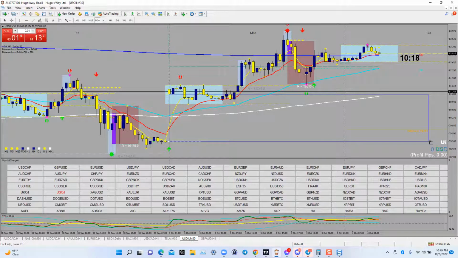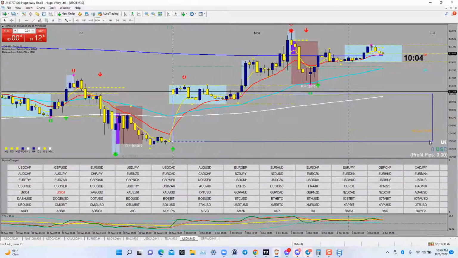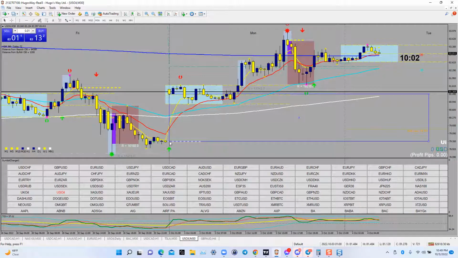That was Monday. And see, this gap hasn't been filled yet. It just bounced off a little bit, but it went up, and then it's going to come back down at some point.